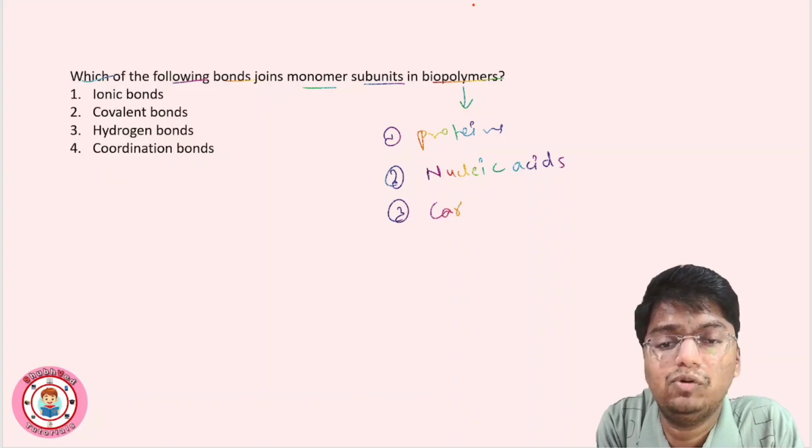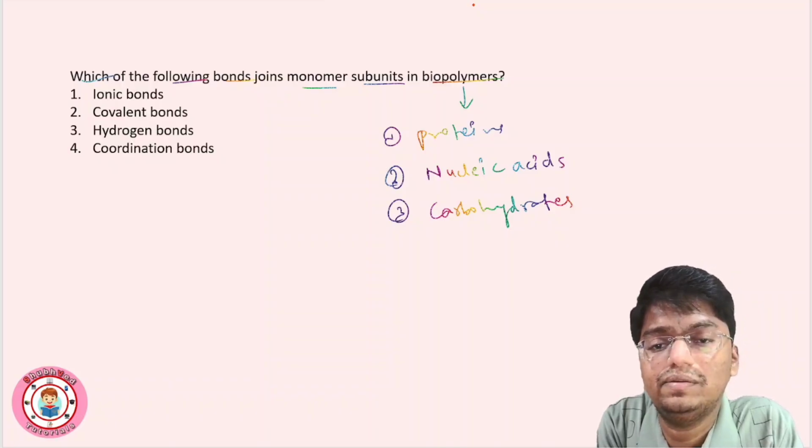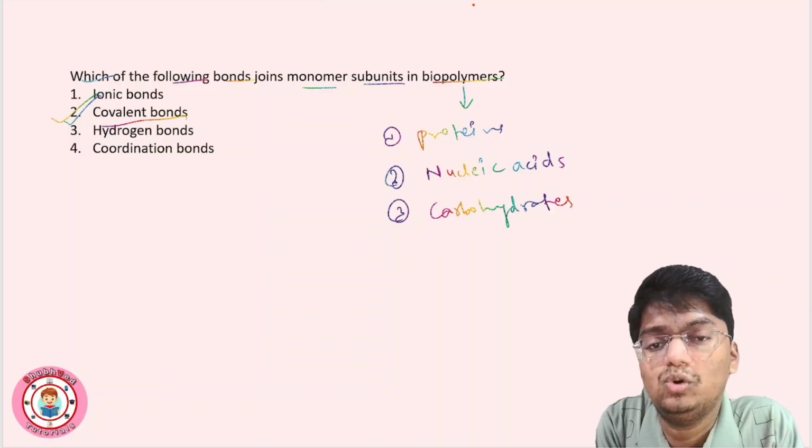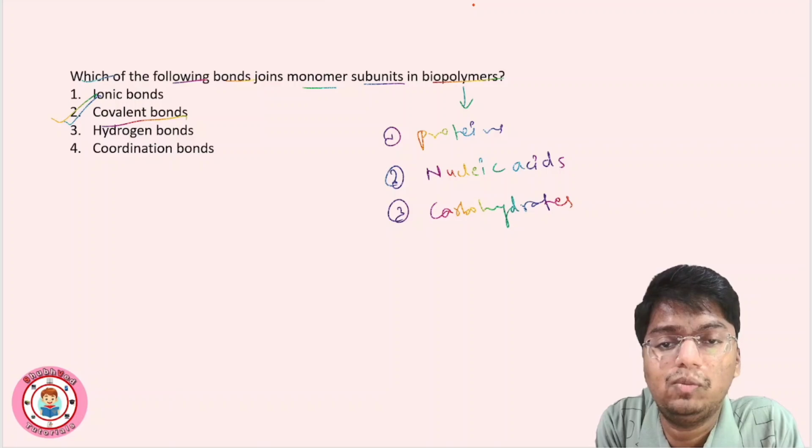Then carbohydrates, sugar chains linked with each other, glycosidic bond. Okay, like this. So covalent bonds is answer. Right now, covalent bond is important for the formation of biomolecules from monomer subunits. Right?